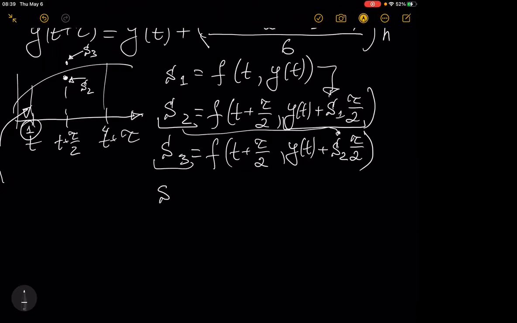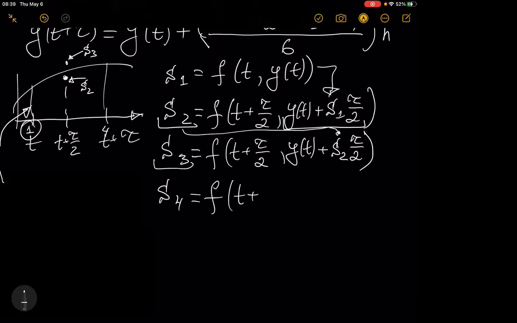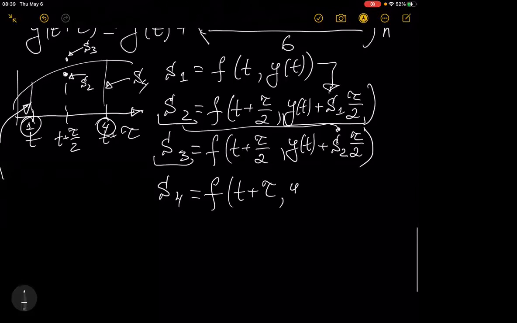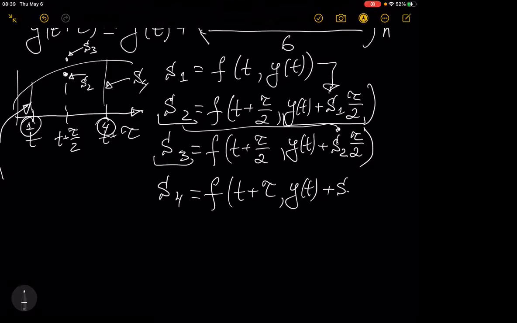And then for S4, here is S4 at this point: f(t plus tau, y(t) plus S3 tau).